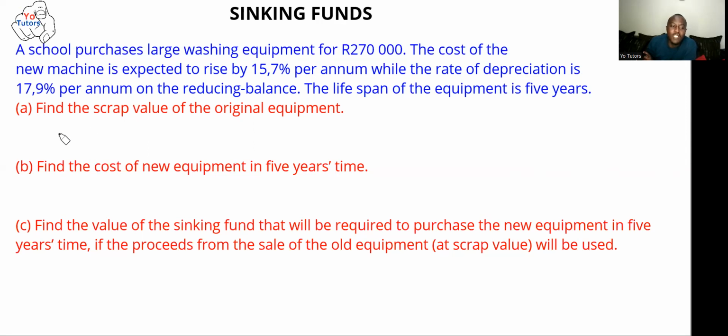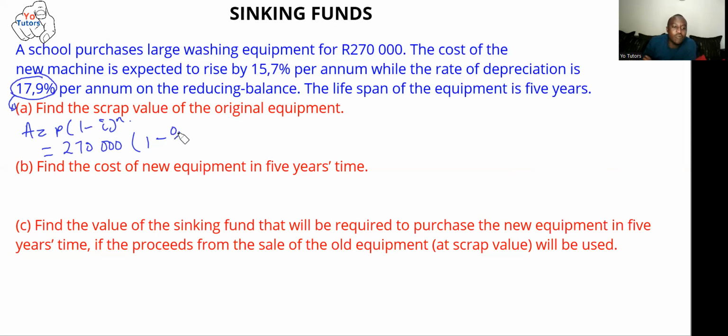So scrap value, what do we use? Remember, A is going to be equal to P1 minus I, the power of n. Now our P, we have it, 270,000. 1 minus our interest here. For the depreciation, we use this one here. This is the one that we're supposed to use.